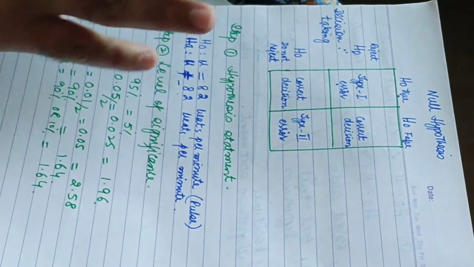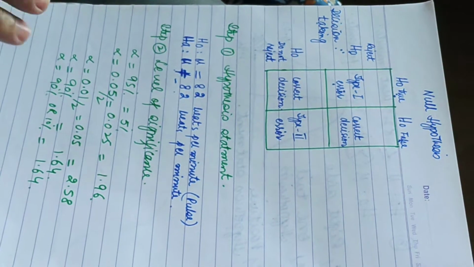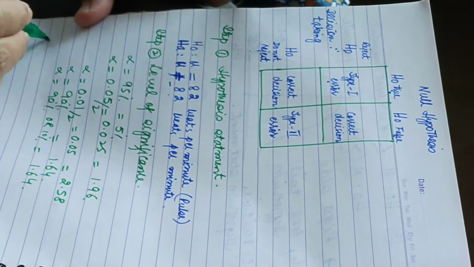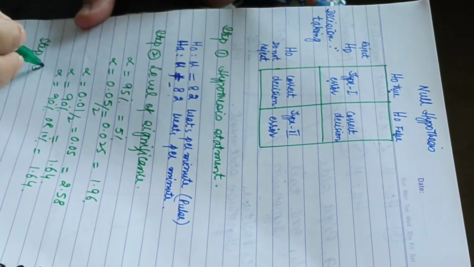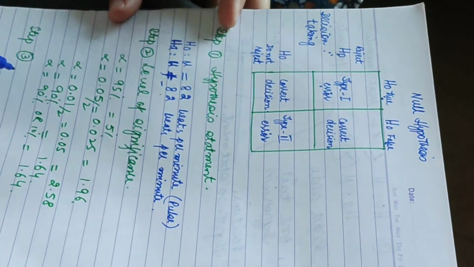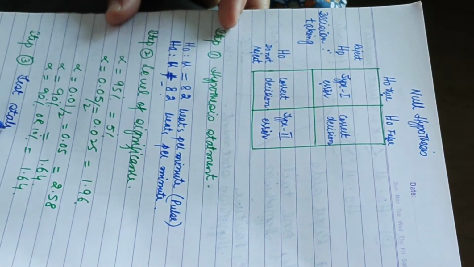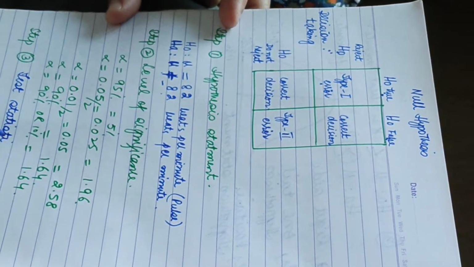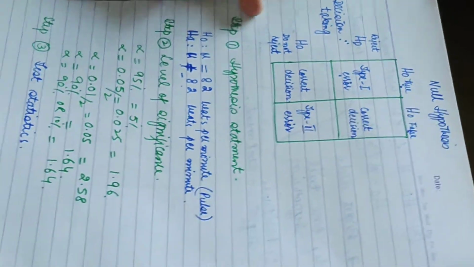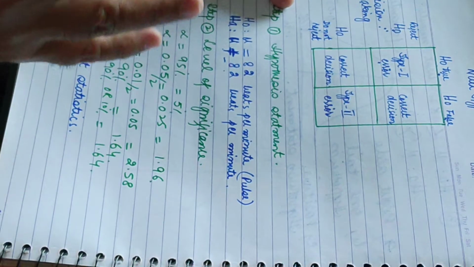Right. Now we will go to the third step. The third step is called the test statistic. In the test statistic, we use a specific formula.